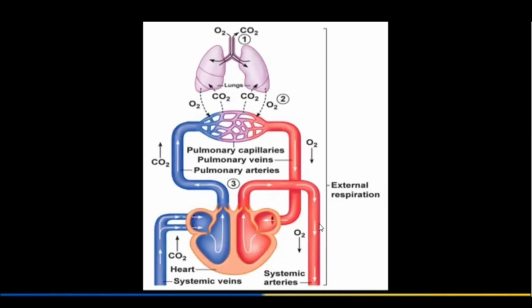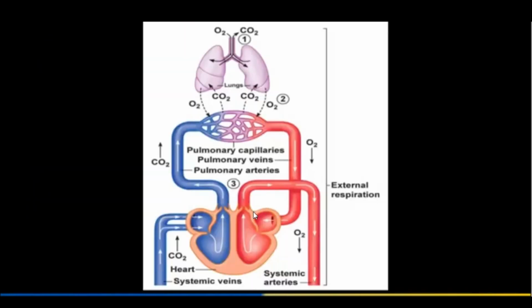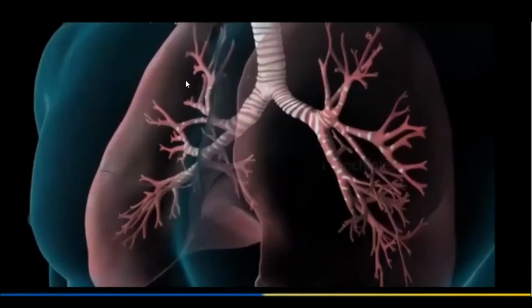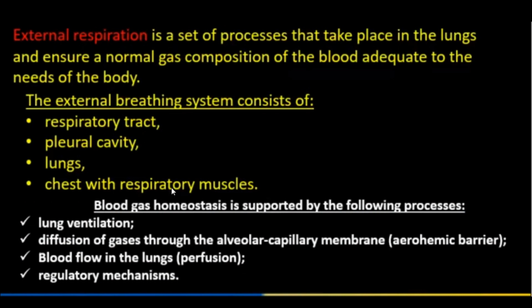But very important, for example, in association with cardiac circulation, is the circulation of the lungs. In the lungs there must be vascularization, not only for the alveoli, but for the function of the lungs too.